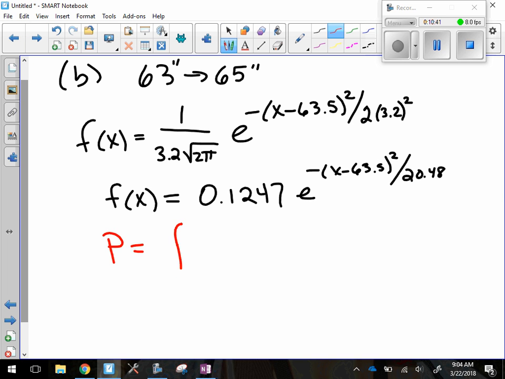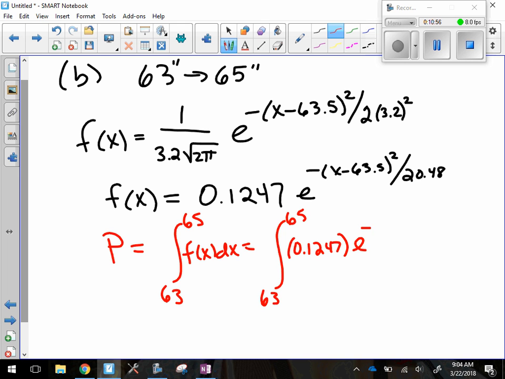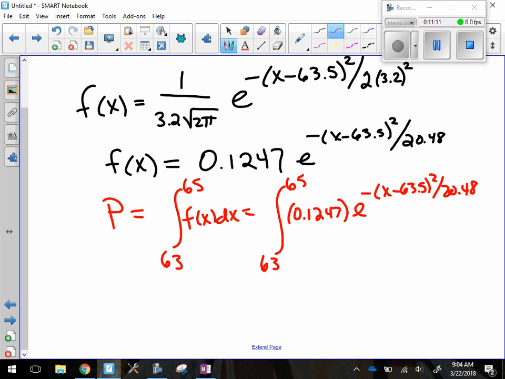if we want to find that proportion between 63 and 65, we integrate this whole f of x thing between those values. And again, I would use fn int. And you might want to bring the 0.1247 out of the integral, which you can do. So what's this going to give us?